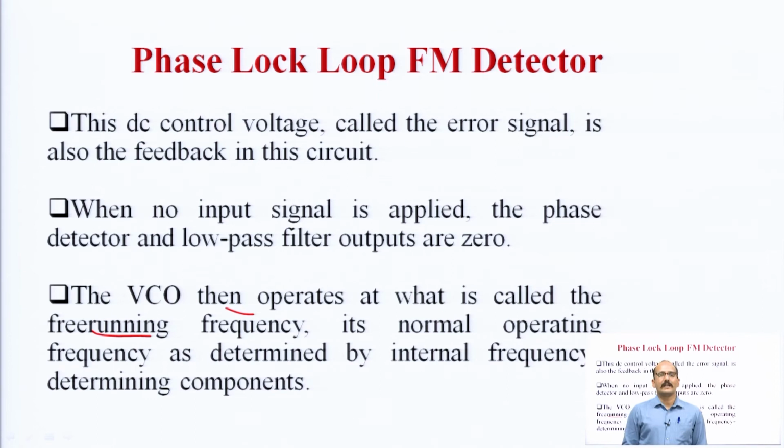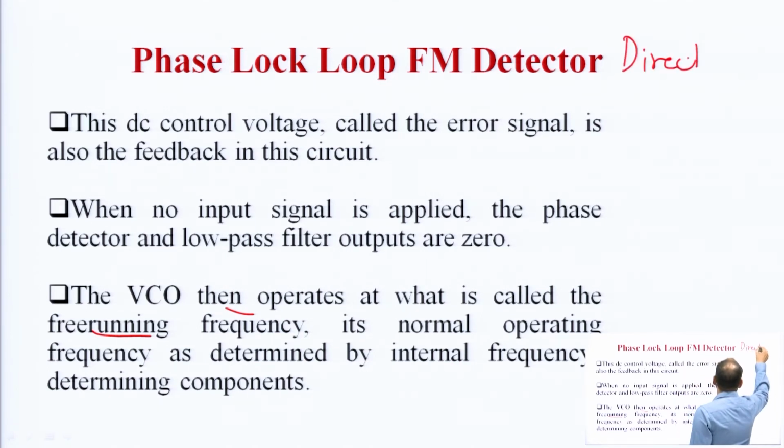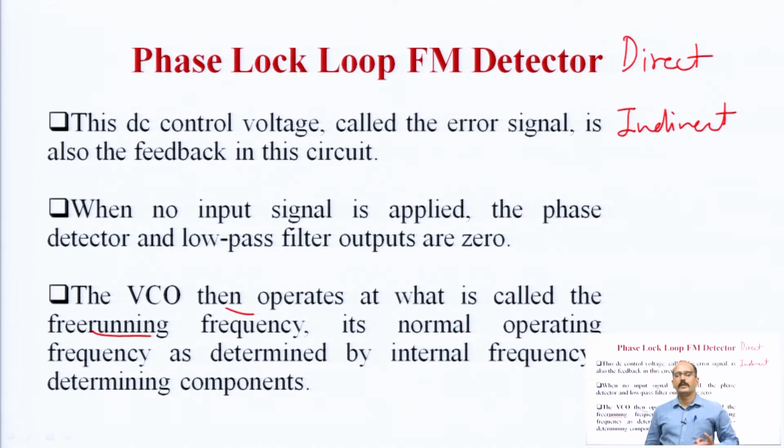You can easily understand 2 points here. Whether we are talking about FM modulation or FM demodulation, in both cases we have 2 types of methods, direct or indirect. Similarly, in the direct modulation method we use variable reactance devices, or the Armstrong method in the indirect method.